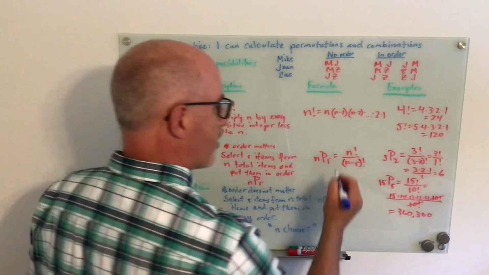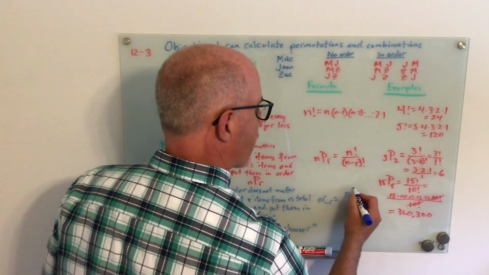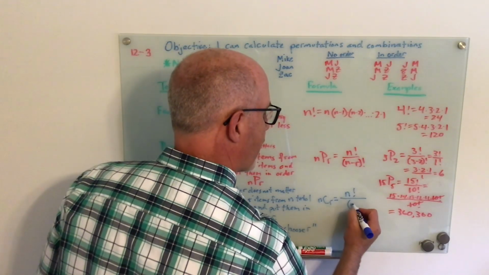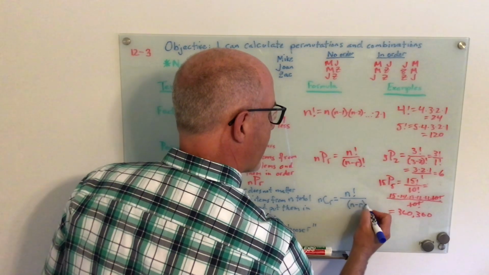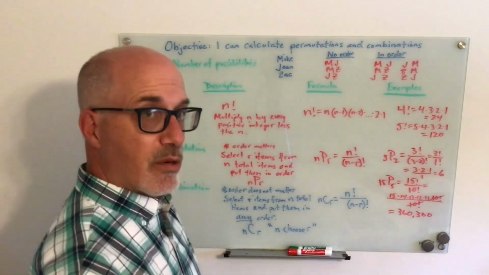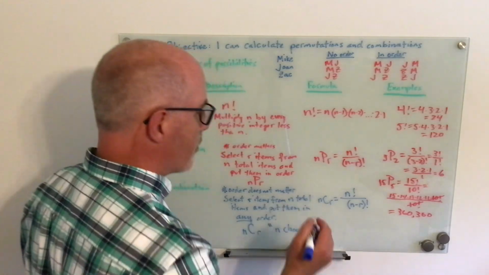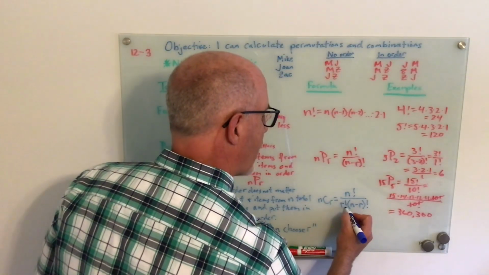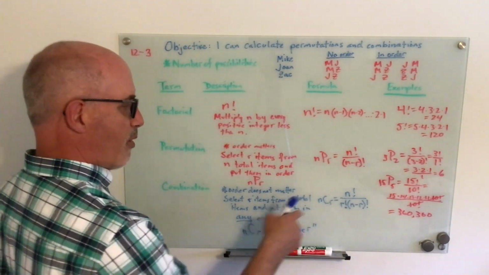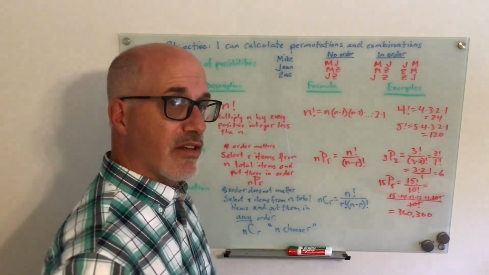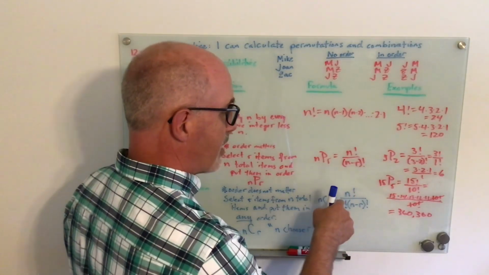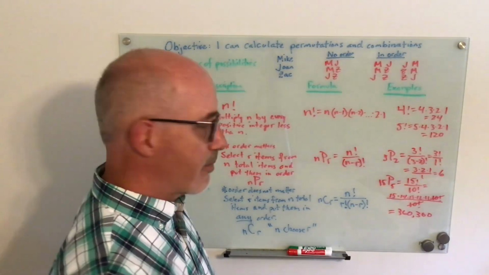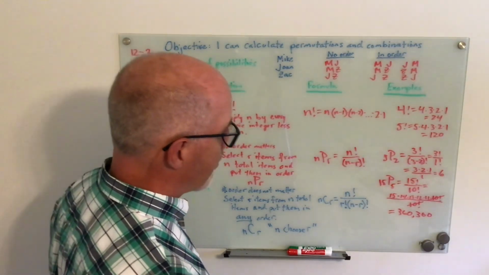The formula looks just like the last one, n factorial over n minus r factorial, but we're going to have more to cancel out. Instead, we also have an r factorial. So there'll be an n factorial on the top, and an r factorial and an n minus r factorial on the bottom. All right, let's do a couple examples.